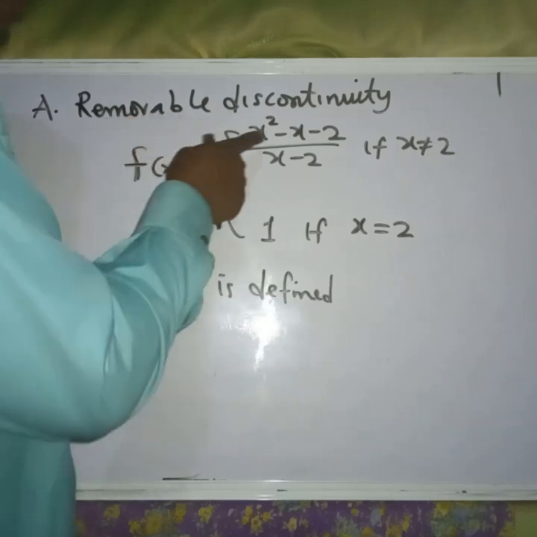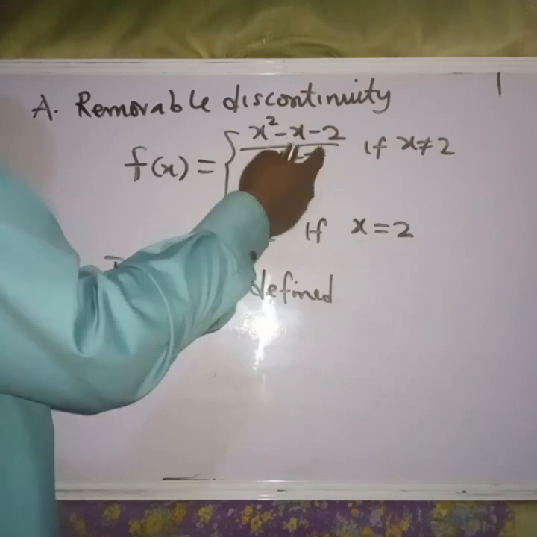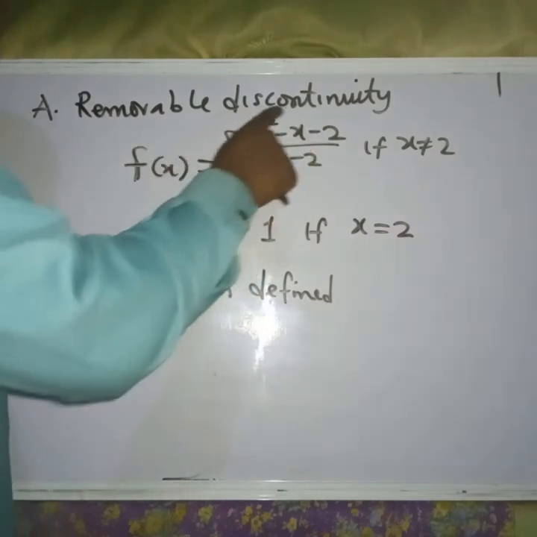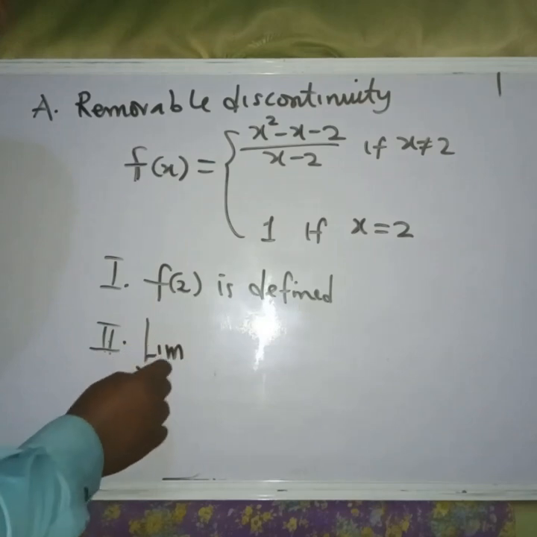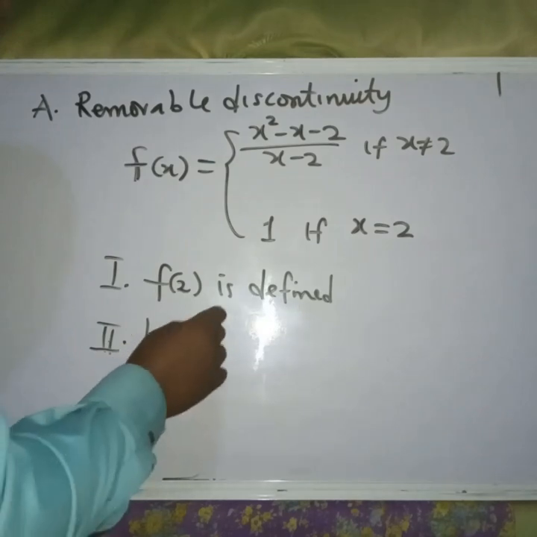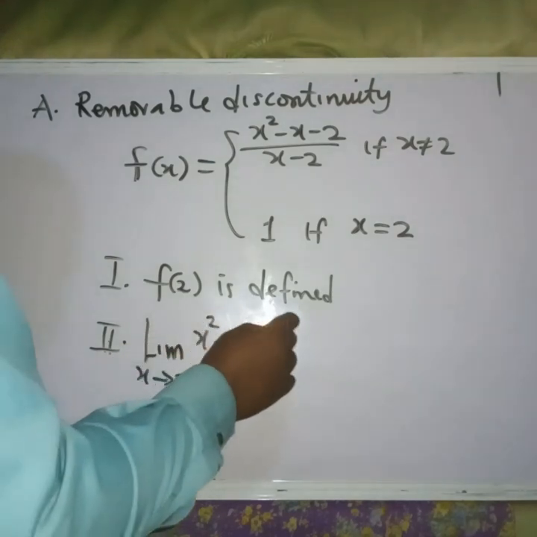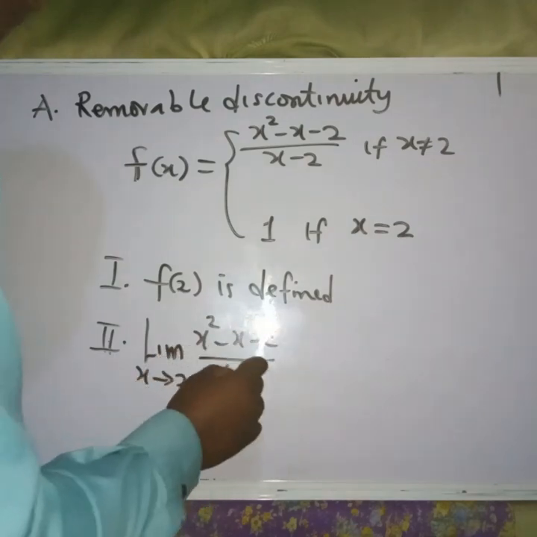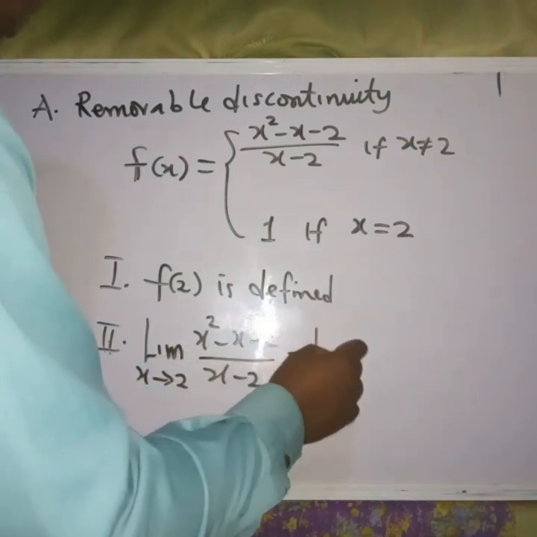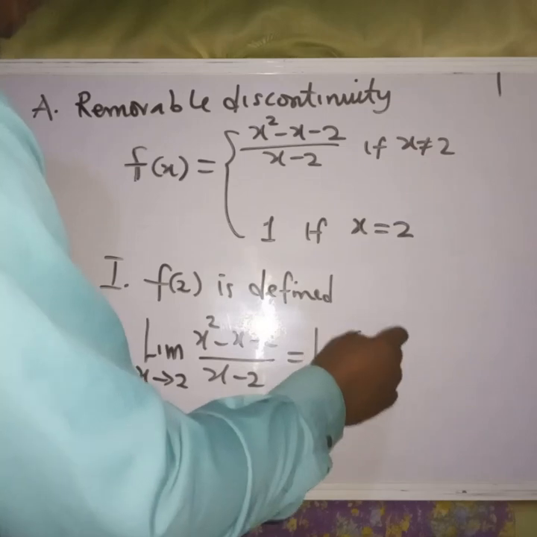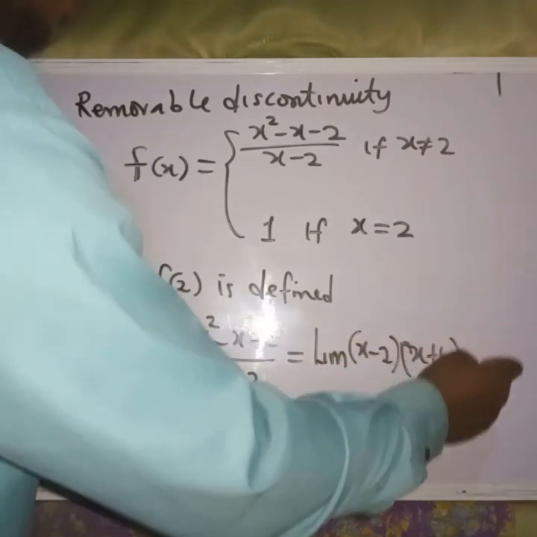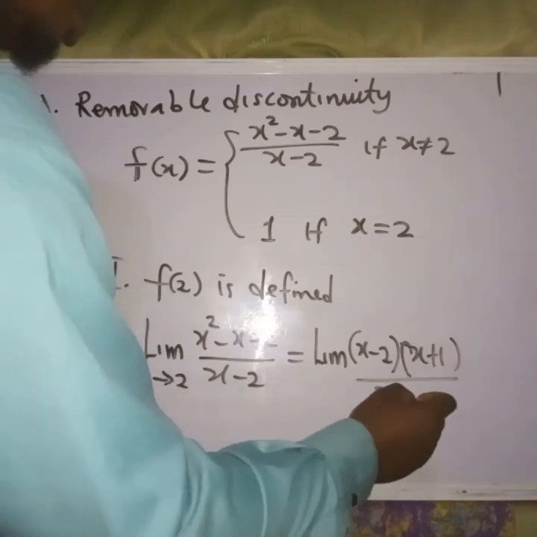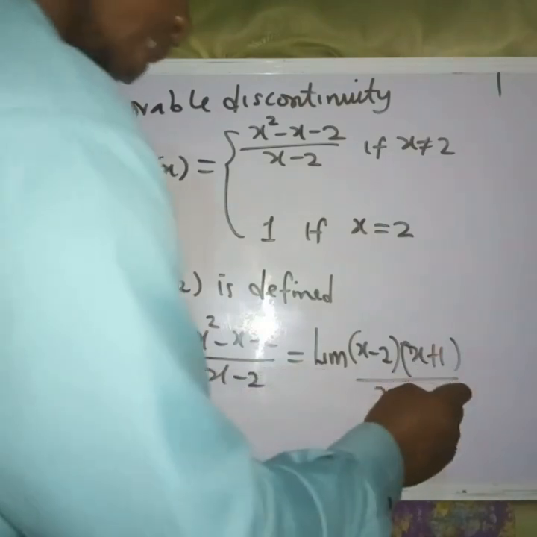Secondly, at 2 this gives us an indeterminate form. But when we define this function, the limit when x tends to 2 will be given as the limit of x minus 2 times x plus 1 for the numerator, and the denominator is x minus 2.